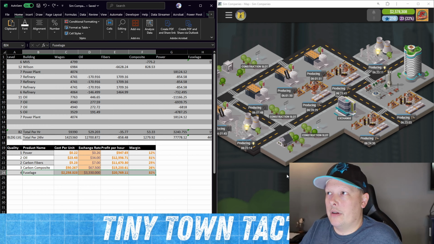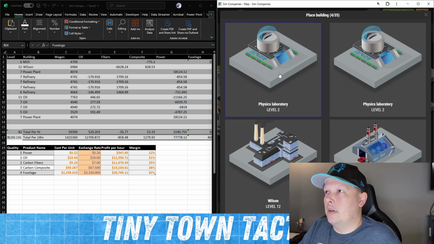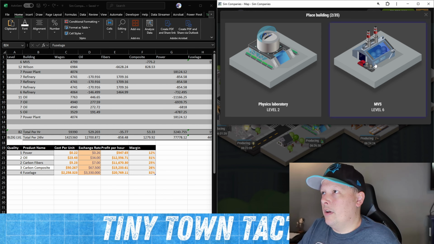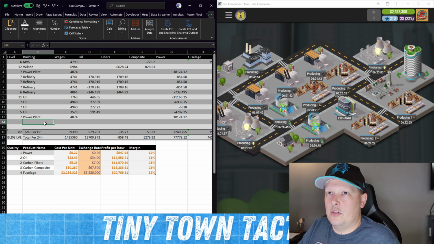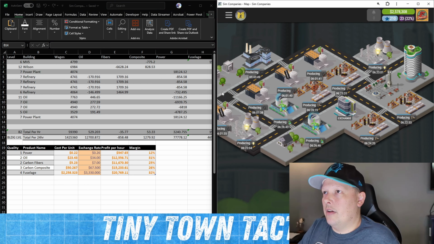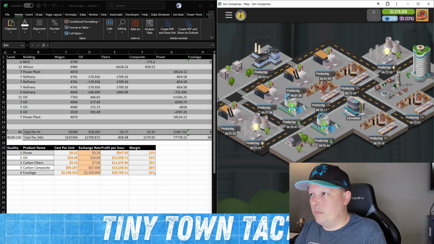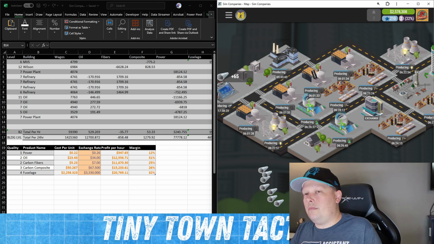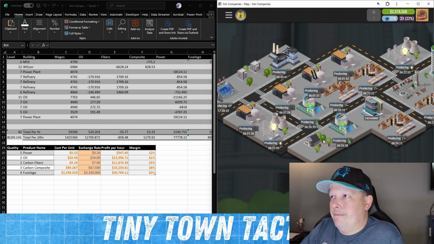Real quick, the layout, right? I don't have my physics. These two spots are physics things, but I don't have them. It's just calculated because I don't care.